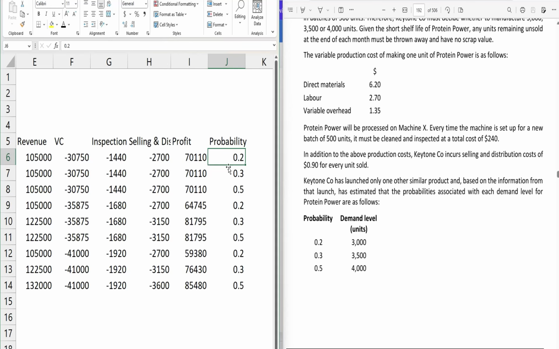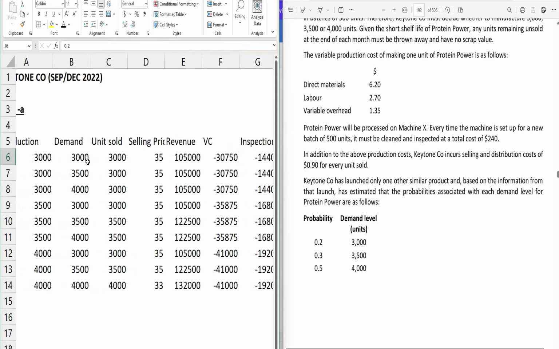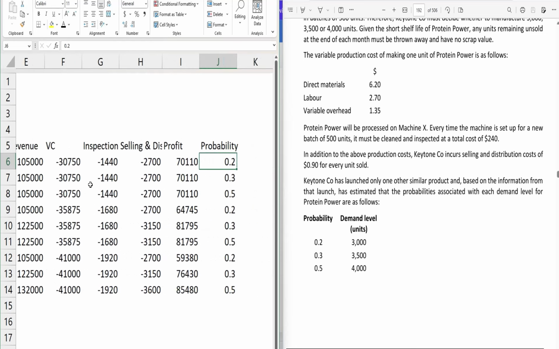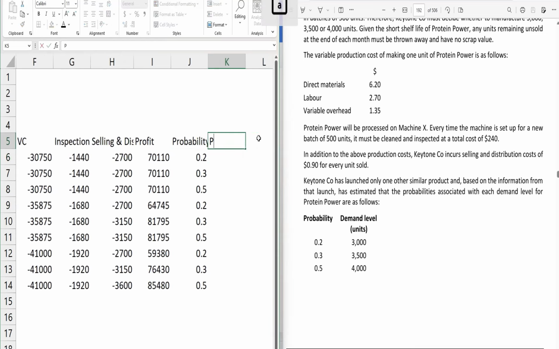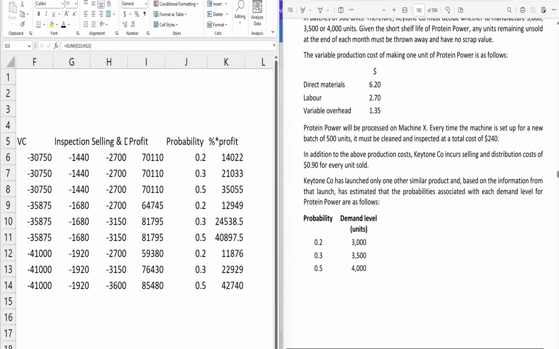Here we have a demand of 3000, so the probability will be 0.2, for 3500 the probability will be 0.3, and for 4000 the probability will be 0.5. So now we will simply multiply profit by probability percentage. Here's the figure I have done for you. You can see I have multiplied profit by the probability percentage.